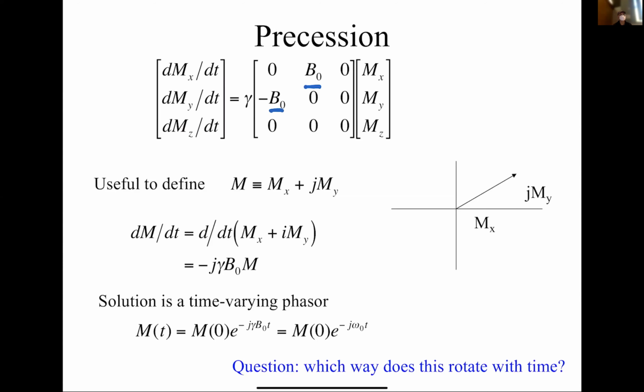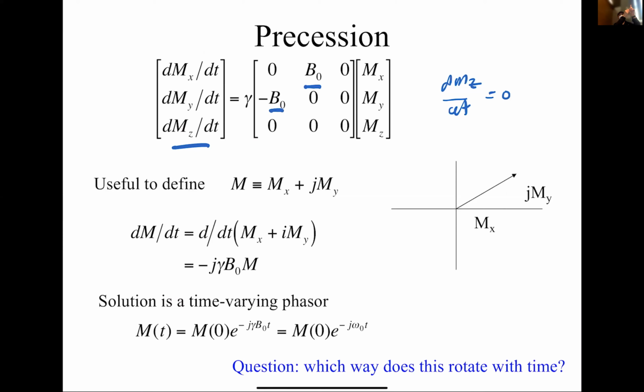All the other terms are gone. One thing that's pretty obvious is dMz/dt is just going to equal 0. So that term just comes out. That means that in free precession, in the absence of anything else, the z component of the magnetization is not going to change.